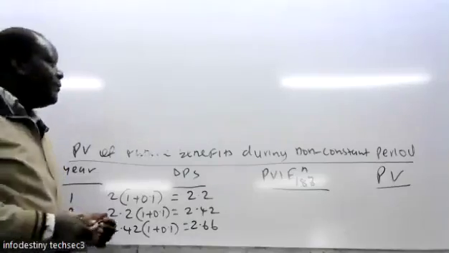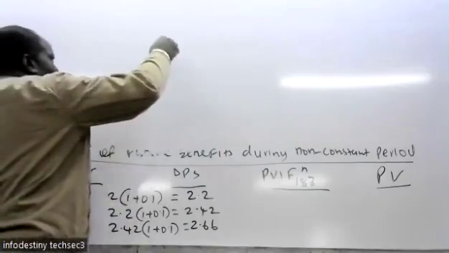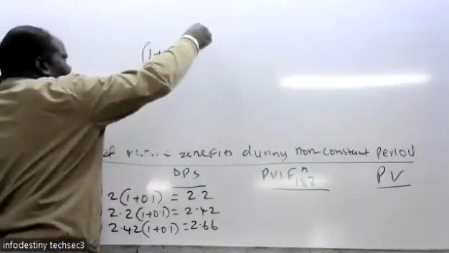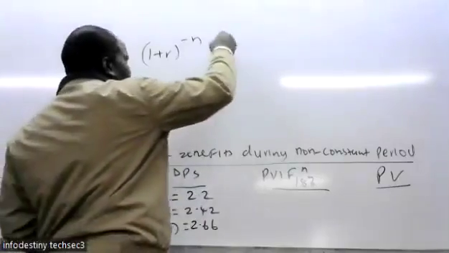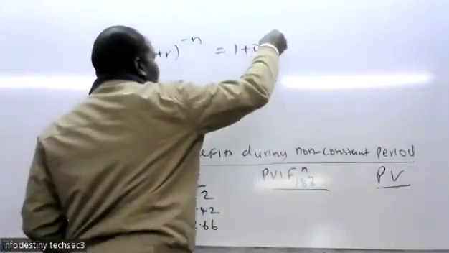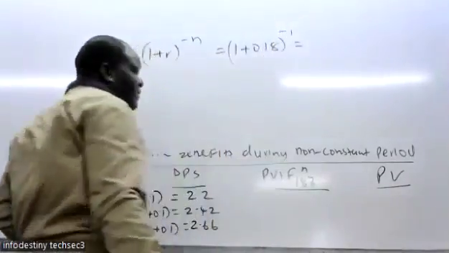But I've shown you how to calculate. When it is not in the table, we agreed it is 1 plus r raised to the power of negative n. So it will be 1 plus 0.18 raised to the power of negative 1.